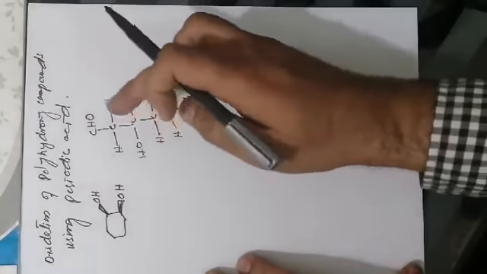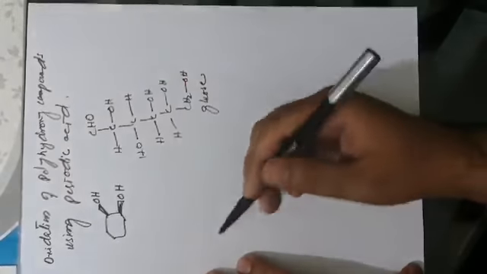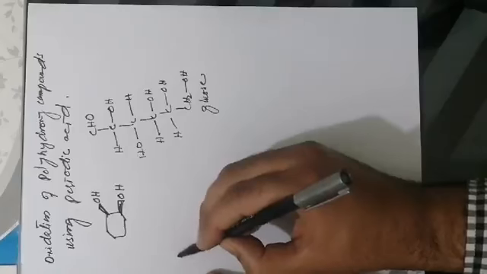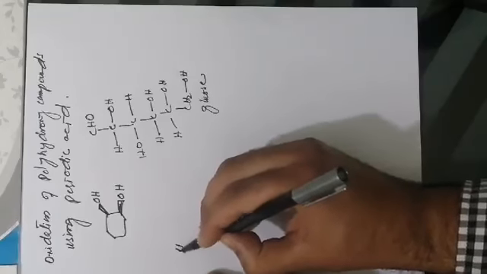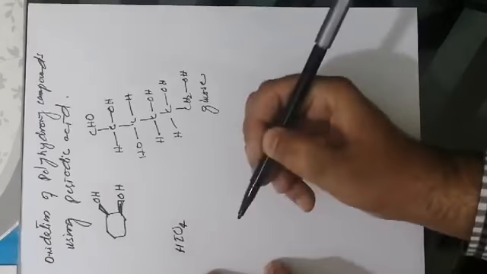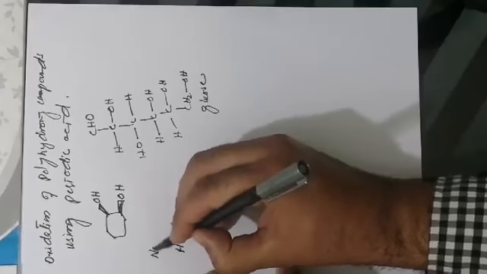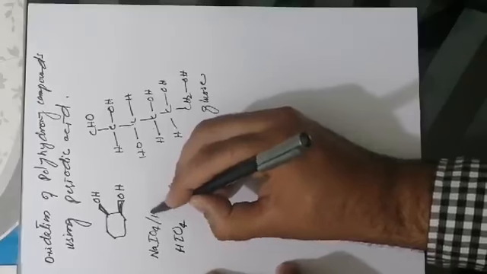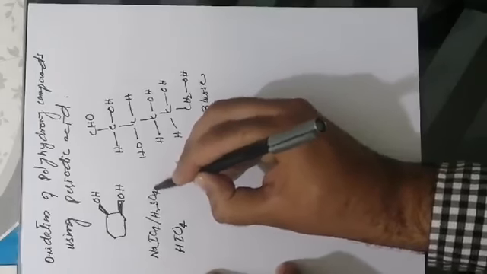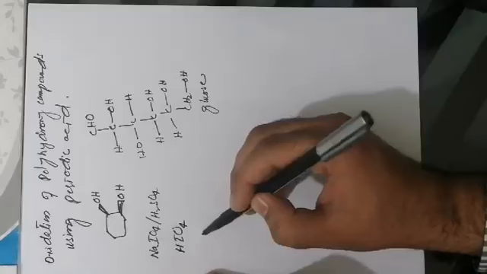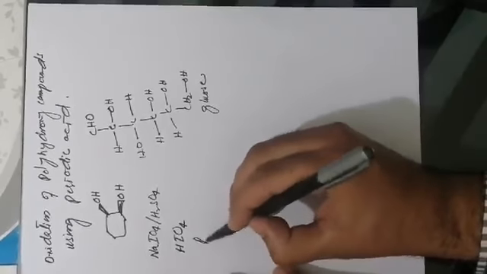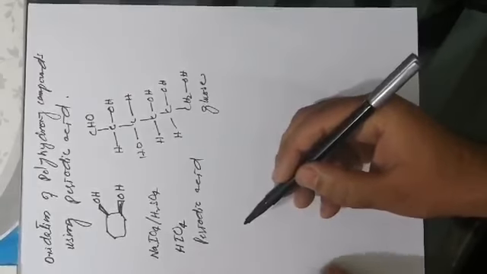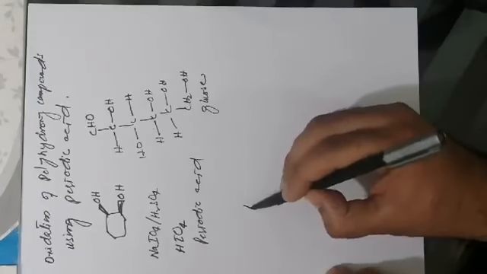So when these polyhydroxy compounds react with periodic acid. So what is periodic acid? You should be familiar with periodic acid, HIO4. Whenever you react sodium periodate in acid, finally you get periodic acid, HIO4. Now what is the structure of periodic acid?